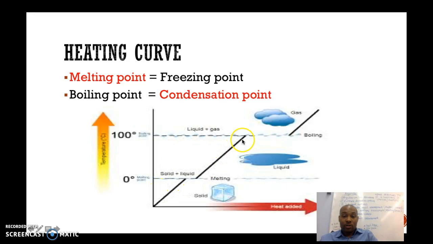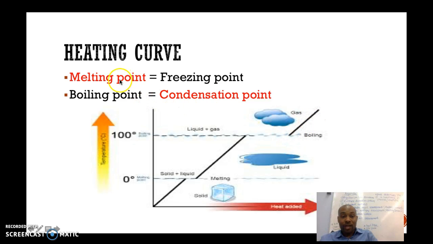So this part of the line here represents the liquid phase. But if it absorbs enough energy, particularly when the temperature is at 100 degrees Celsius, it's going to once again transition from that liquid to the gas phase, which is referred to as the boiling point or the condensation point, depending on which direction you're looking at. And then this part of the graph represents when water is in gas form, water vapor.